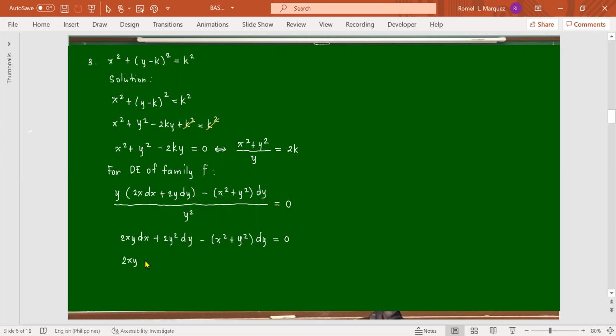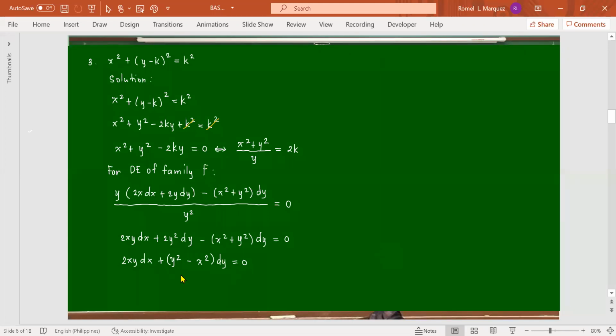So we have 2xy dx, and 2y squared minus y squared, that is y squared, then minus x squared, then quantity dy, and that is equal to 0.